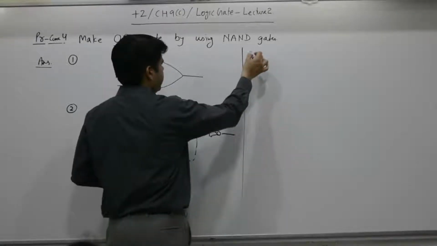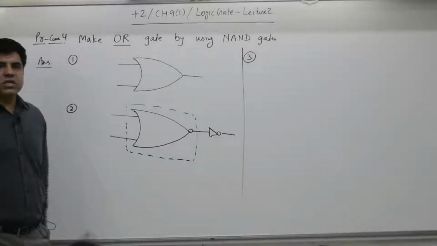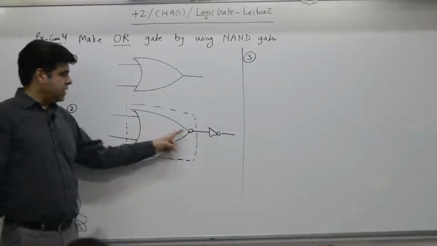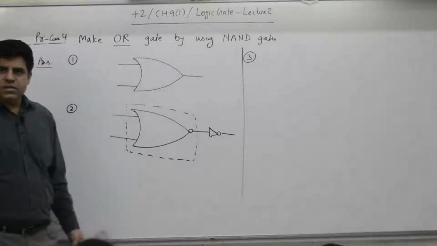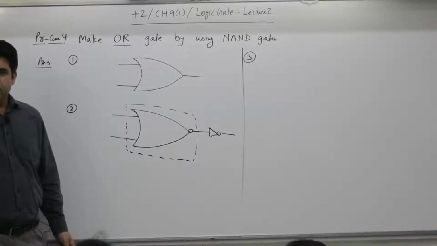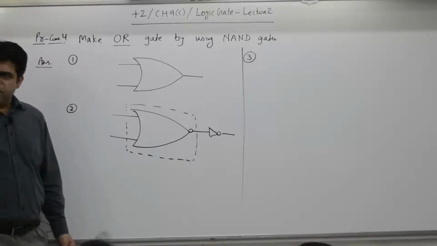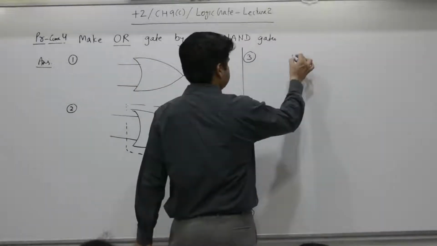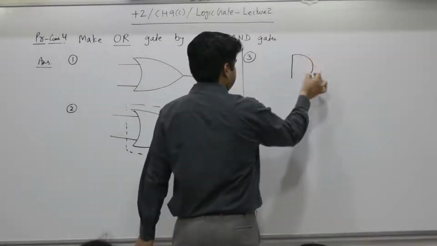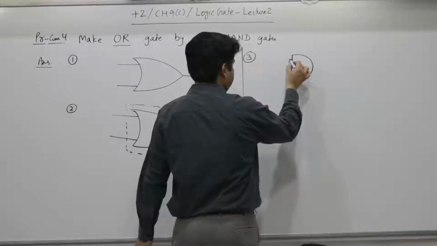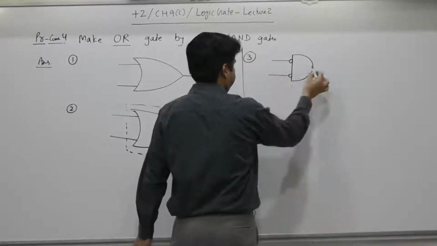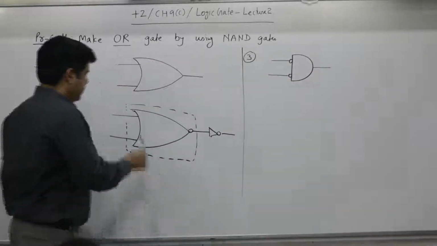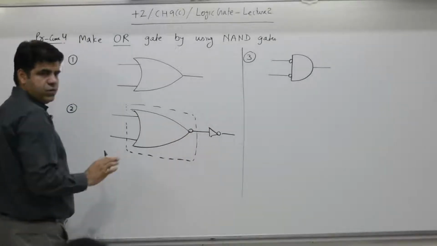Step number 3. De Morgan's theorem: OR gate with inputs inverted becomes AND gate with inverted output, NAND. So first part, check करो ठीक है.